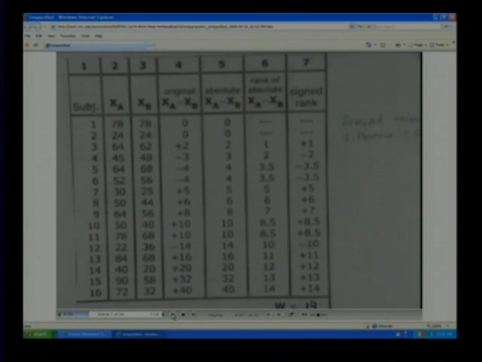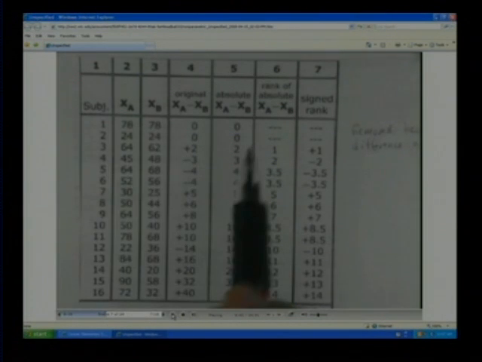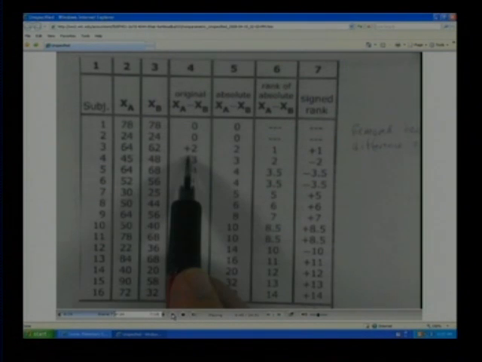So let's look at some data. We have some matched pairs here. Subject 1 has a 78 and a 78, so there's no difference. Subject 2's got a 24 and a 24, there's no difference. Subject 3's got a 64 and a 62, so there's a 2-point difference.